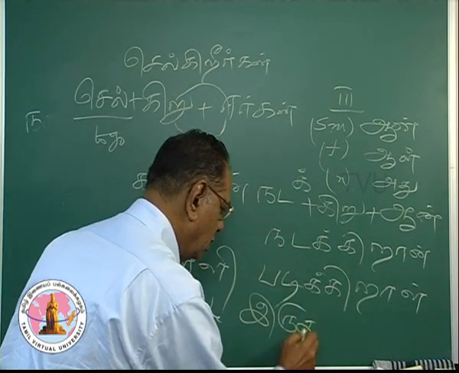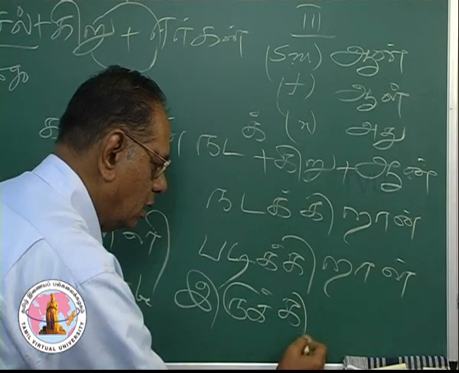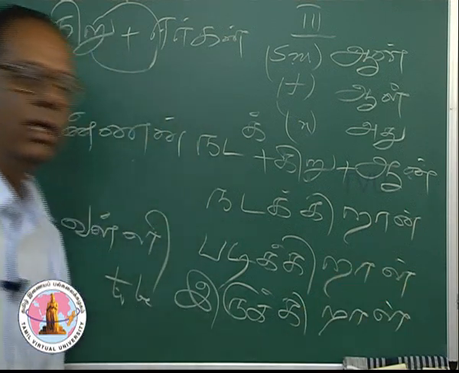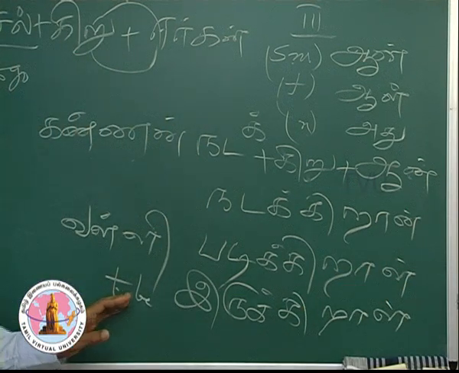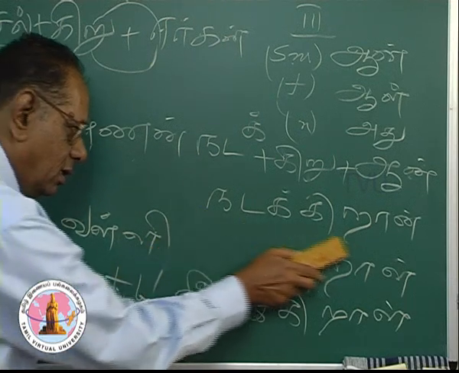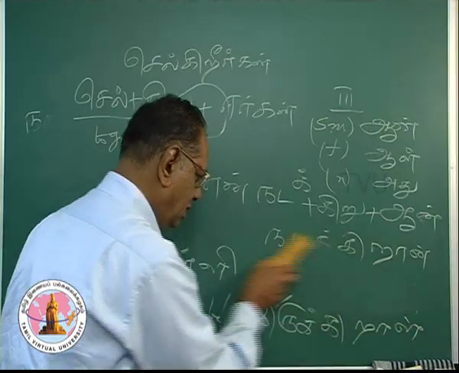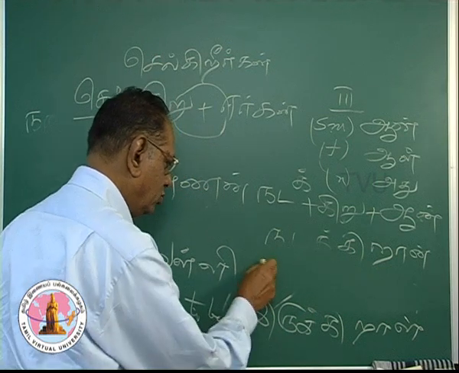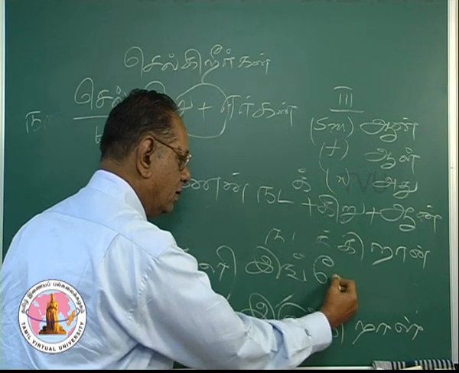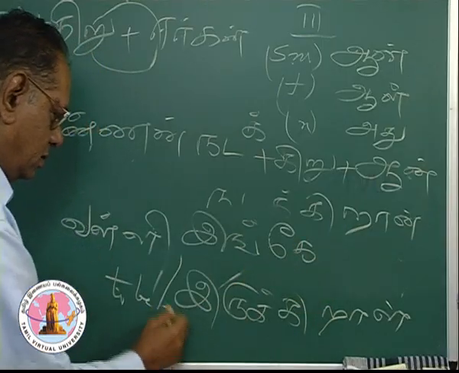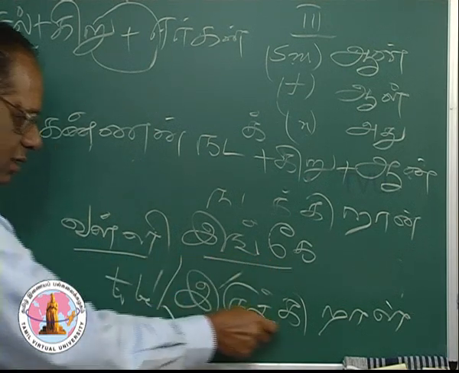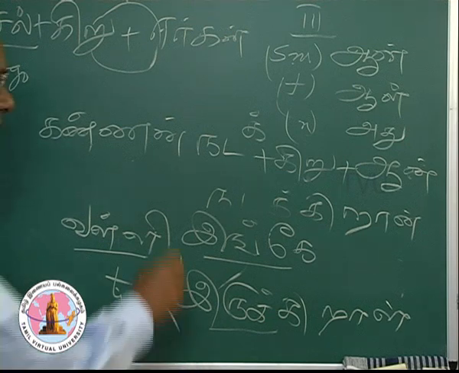So this will be இருக்கிறாள். வள்ளி இருக்கிறாள். As we saw in the previous lesson, let us make use of a word in between. வள்ளி இங்கே இருக்கிறாள். இங்கே is here.